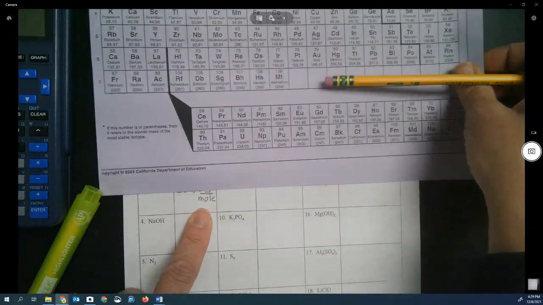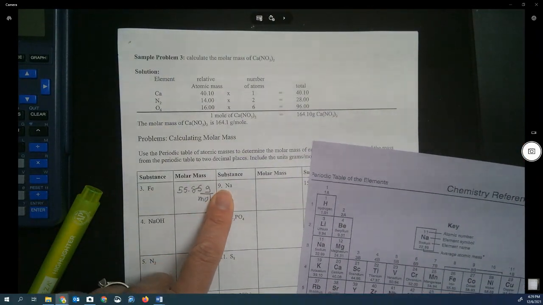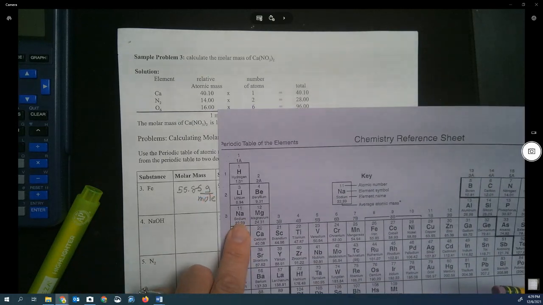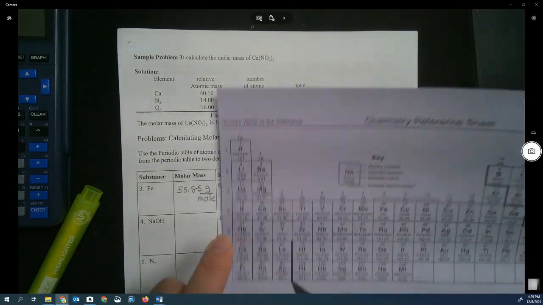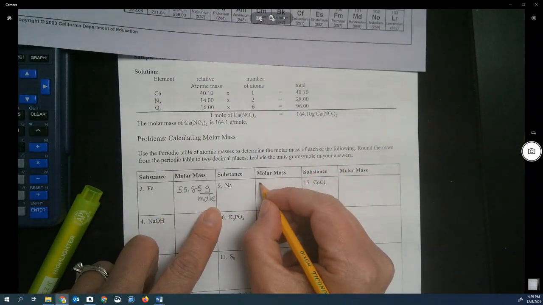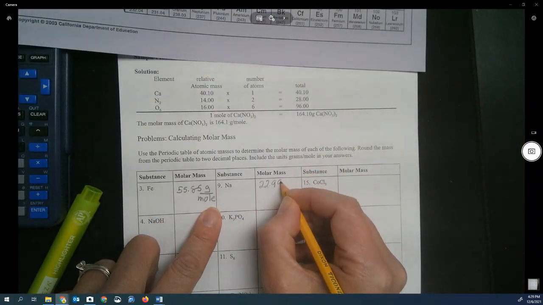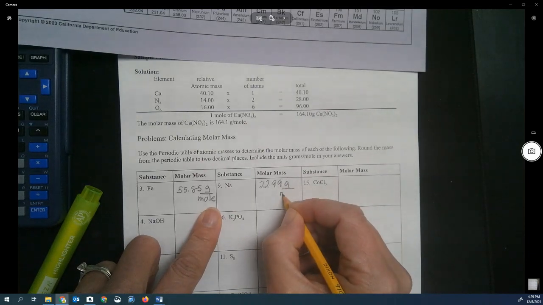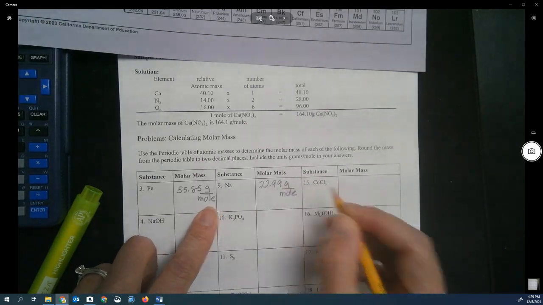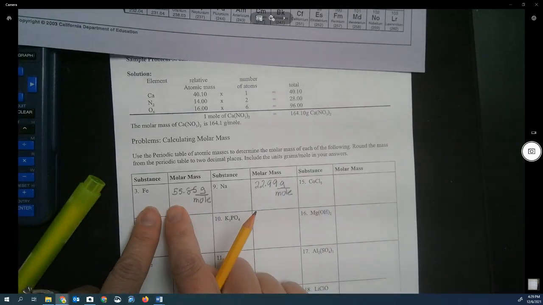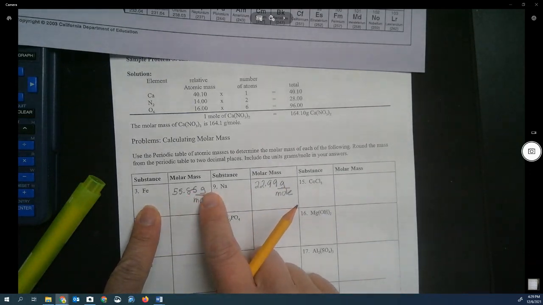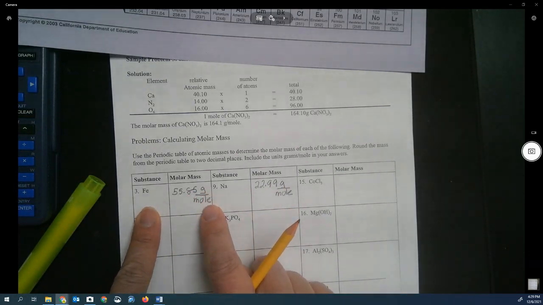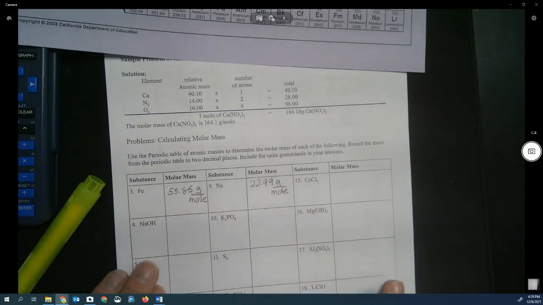Sodium, for our next one here, just going across to the right. Sodium, element number 11, has an atomic mass of 22.99. That 22.99 will be expressed in grams per 1 mole for the molar mass. Okay, so for a single element, you're just going to look at the periodic table, pull that number off, and give it a unit of grams per mole instead of AMU.